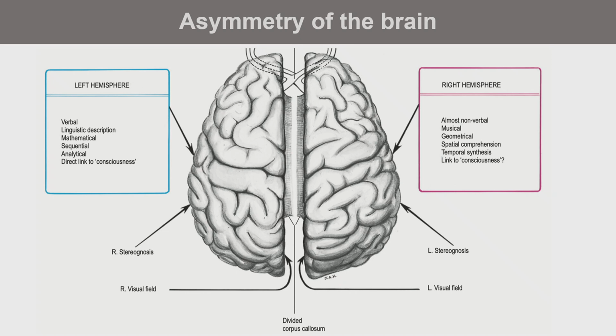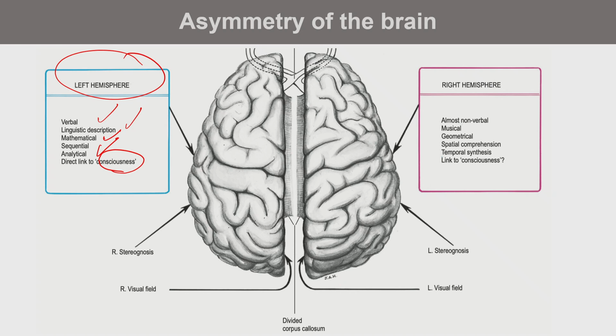This is one of the most important things. But in general, we are now talking about right-handed people. In the left hemisphere, verbal, linguistic description is important, the left hemisphere is important for mathematics, analytics, and it has a direct link to conscious functions.